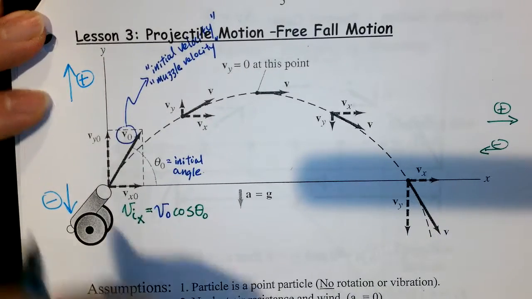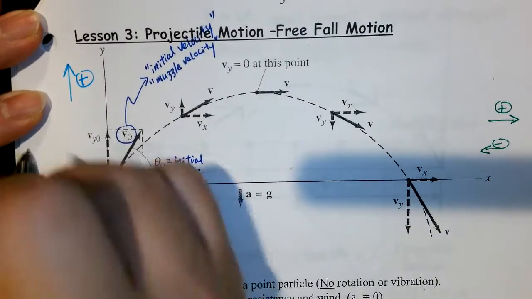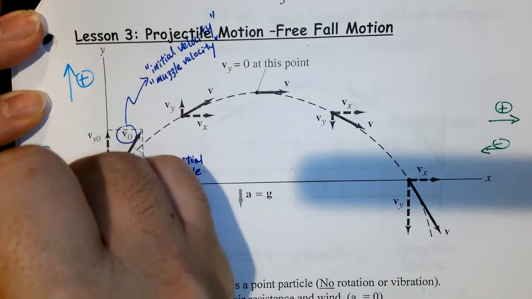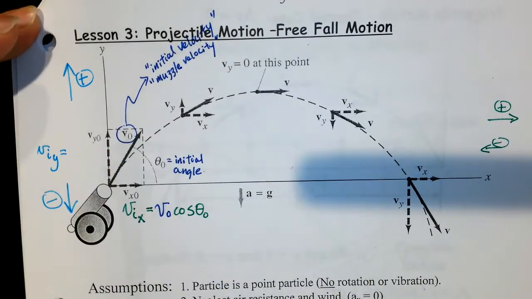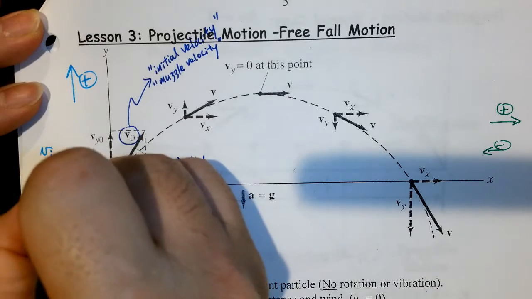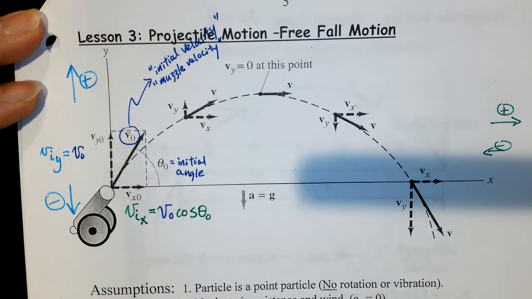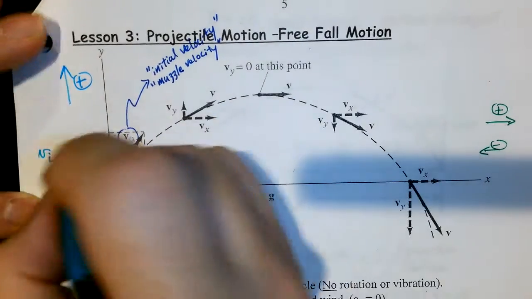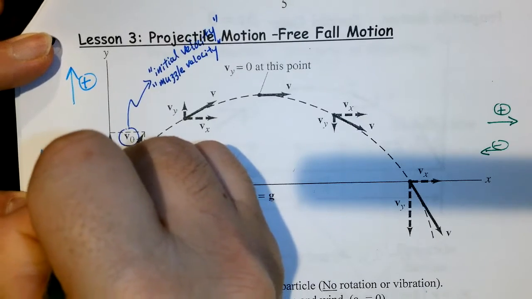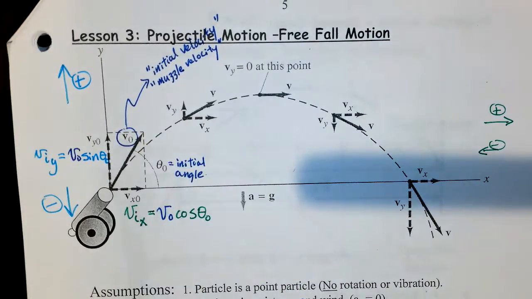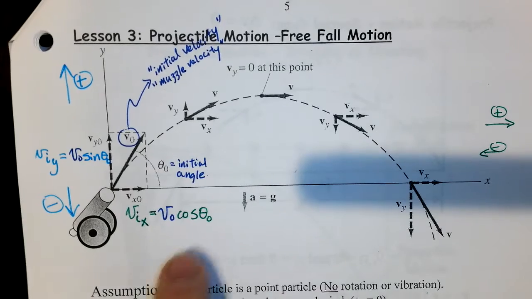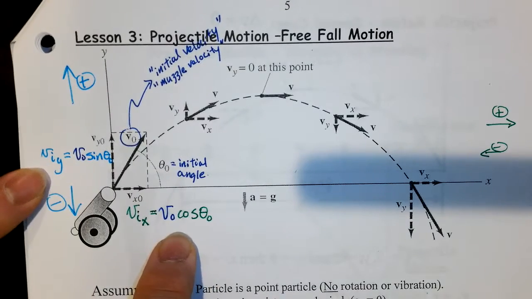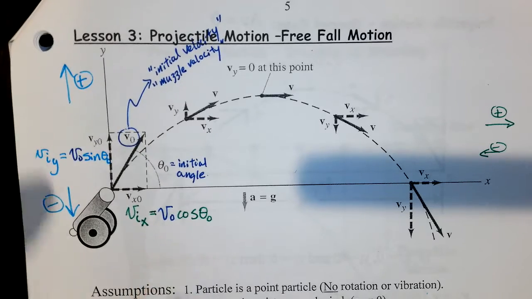The vertical velocity, or Viy, is equal to v naught times sine of theta naught. These are the first things you should always find whenever you do projectile motion.